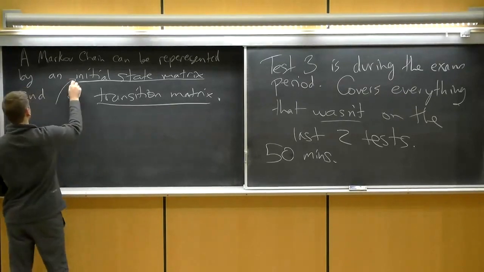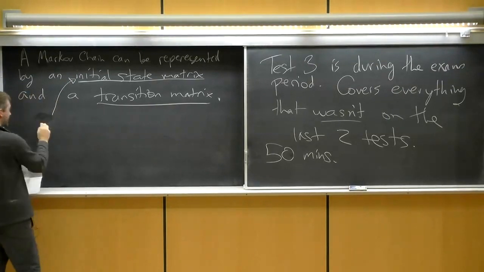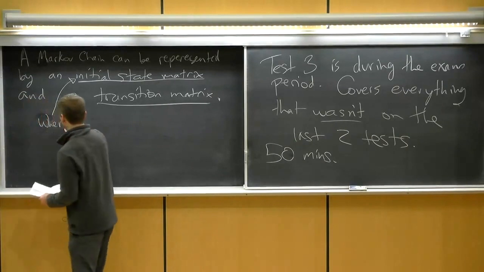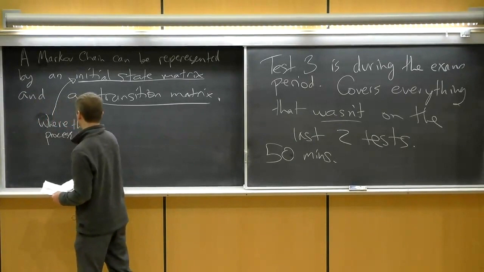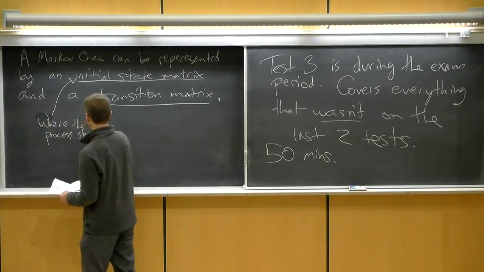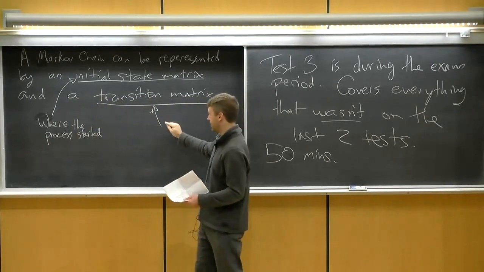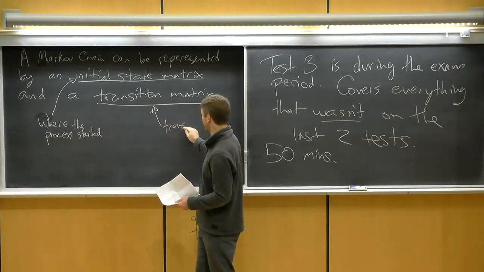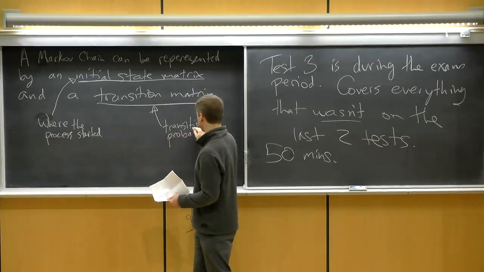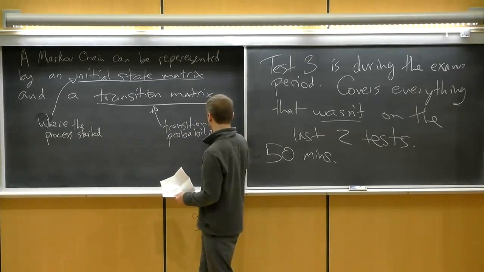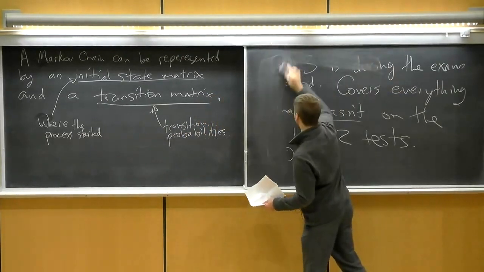So this indicates where the process started, and this indicates transition probabilities.